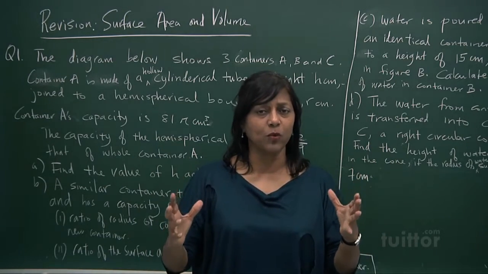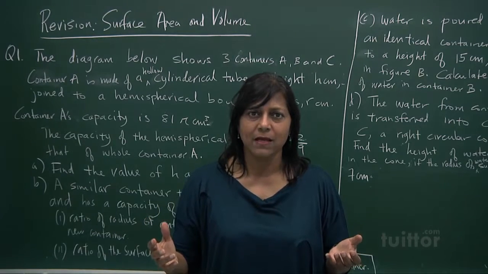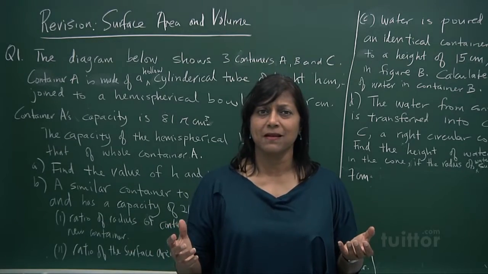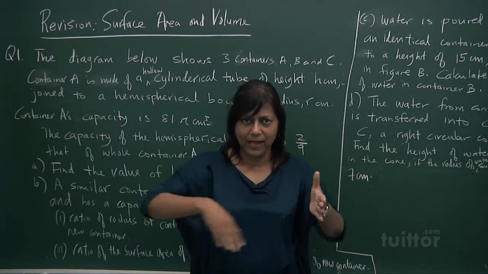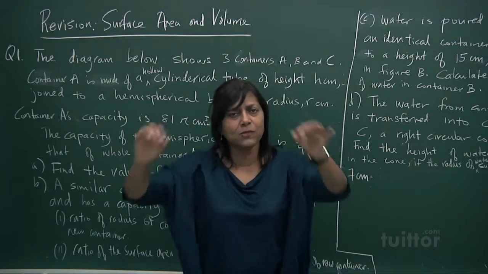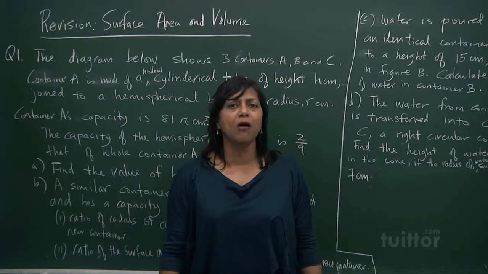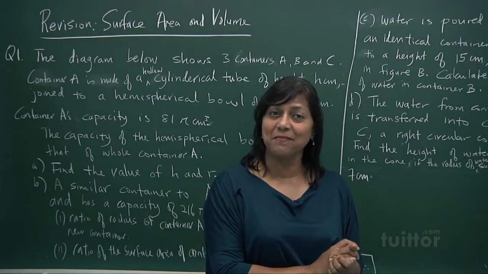Unlike a cube, where the length, base and height are all the same. So a cube and a cuboid are both prisms, not pyramids. A pyramid is when I have a rectangular shape and all the edges come to meet at a point right up there. That's called a pyramid.